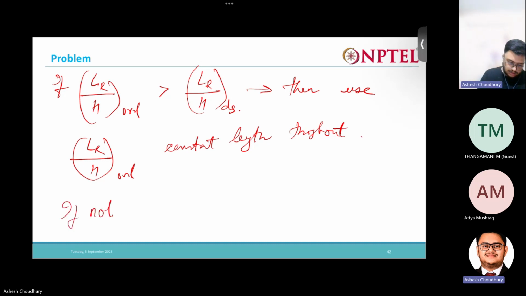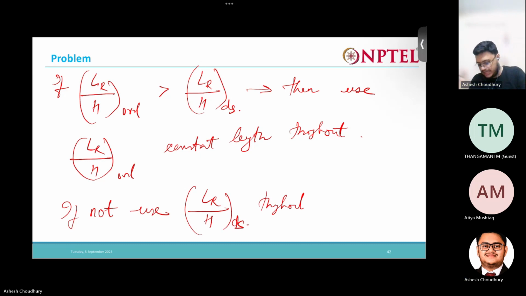If not, use LR by H direct sliding throughout. Okay, if LR by H overall is lesser than LR by H ds, then we can use LR by H ds throughout, or what else can we do?